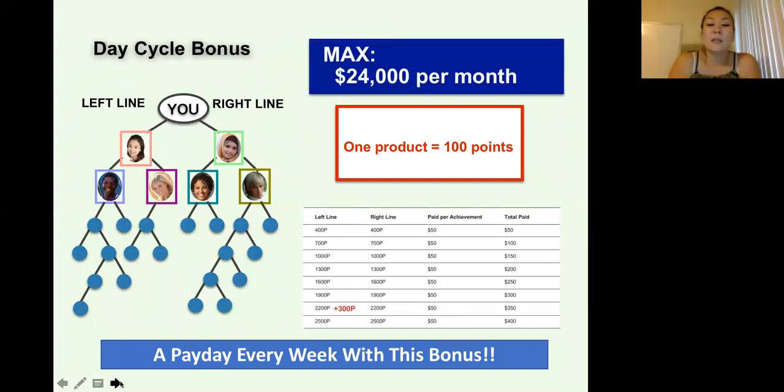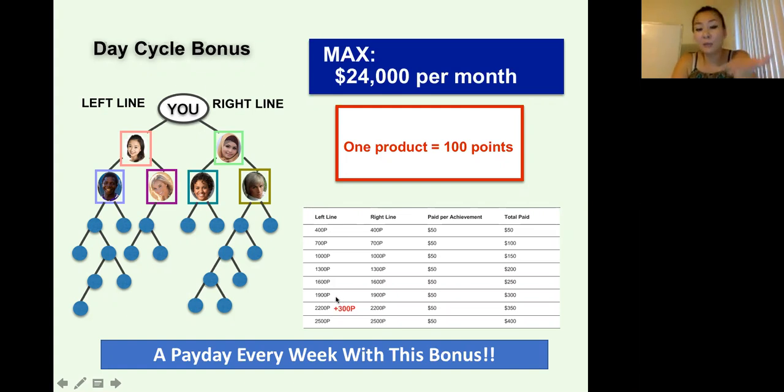Okay, so then added 300 points, up to 2,500. That means when you have 25 people on the left side and the right side buying 1 product every month, you will be receiving $400 in total. $50 is achieved based on the points accumulated, 400 and 300, 300, 300.